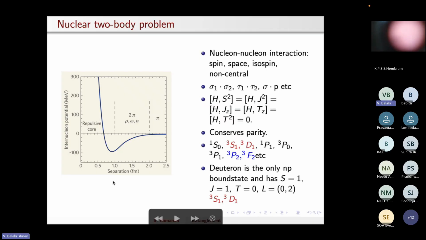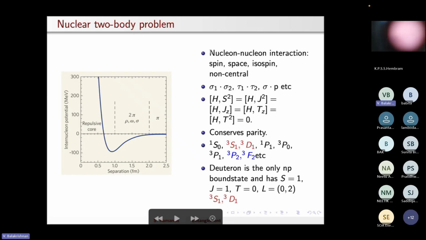There is a coupling between the spin and space, called the tensor force, and that results in the interaction not being central. The interaction changes as one changes the total spin, the isospin, and the total orbital angular momentum. As one changes it, the two nucleons will see a completely different interaction.